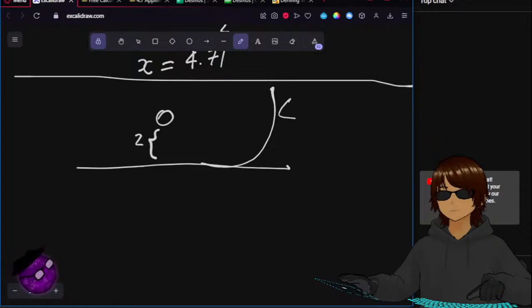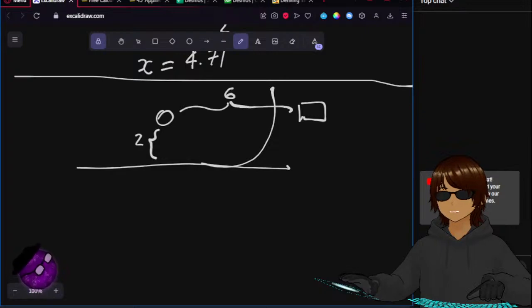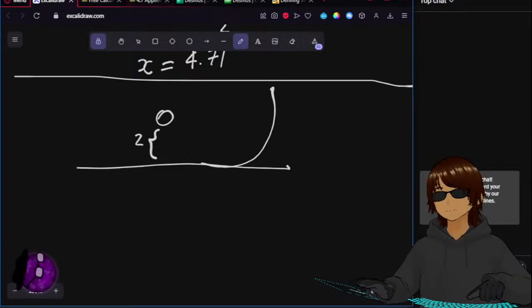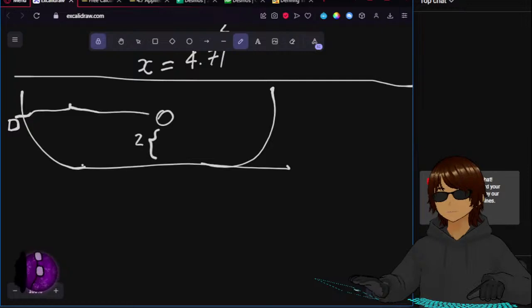And then there's a cabin here, which is like 6 miles west. This is east. There's a cabin here, which is like 6 miles west.